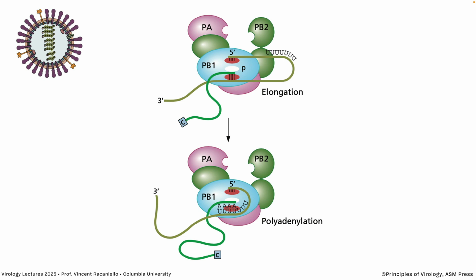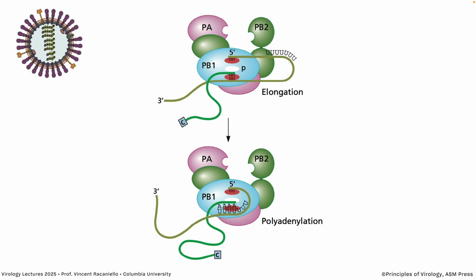So what we think happens is that this minus strand genome is pulled through the catalytic site. So the enzyme is not moving down the RNA, but the RNA is being pulled through the catalytic site. So you can imagine the 3' end was originally there, and it's being pulled through, and now you're making a messenger RNA as a consequence.